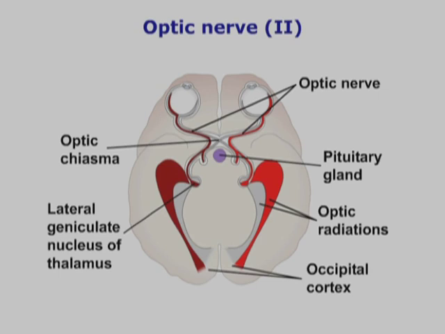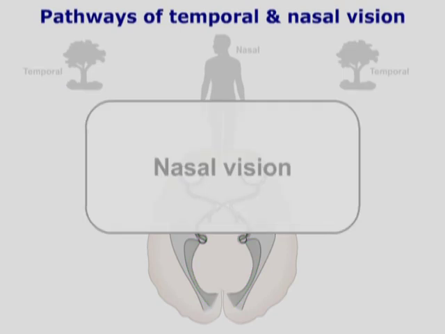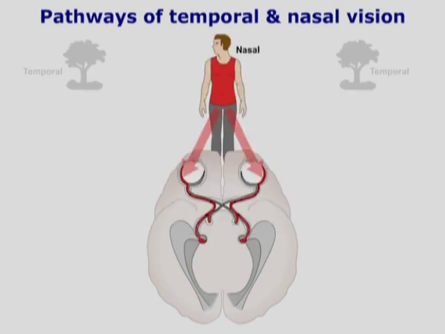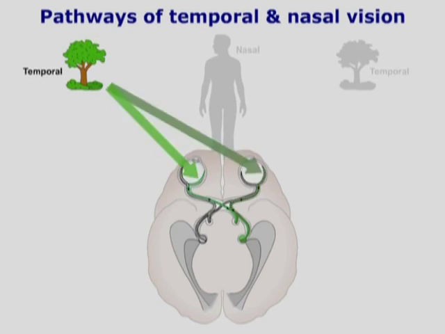The nerves synapse at the lateral geniculate bodies in the thalamus, from which the optic radiations emerge and terminate at the visual cortex of the occipital lobes. From here, the optic radiations travel onto the primary visual area of the occipital lobes.